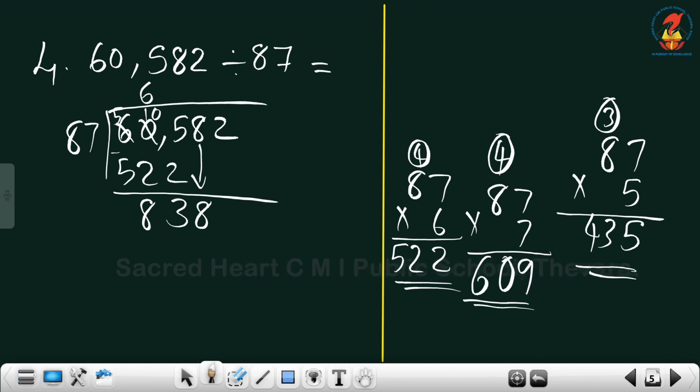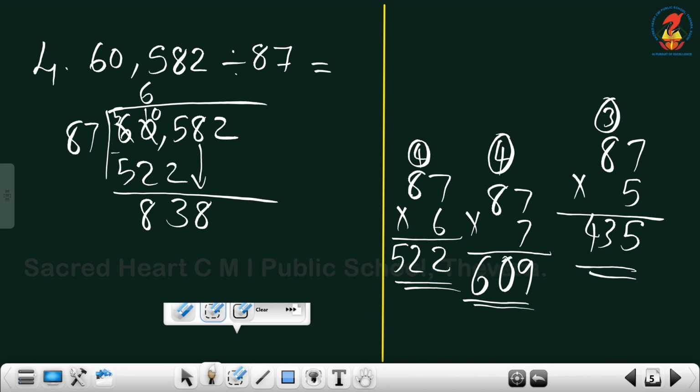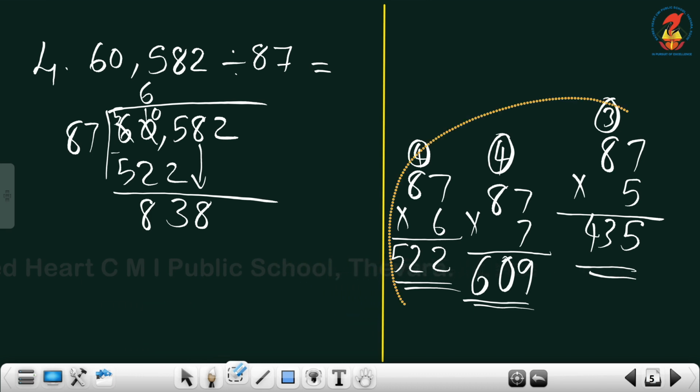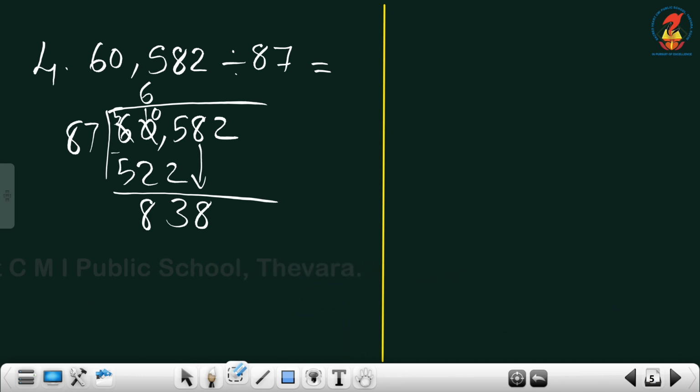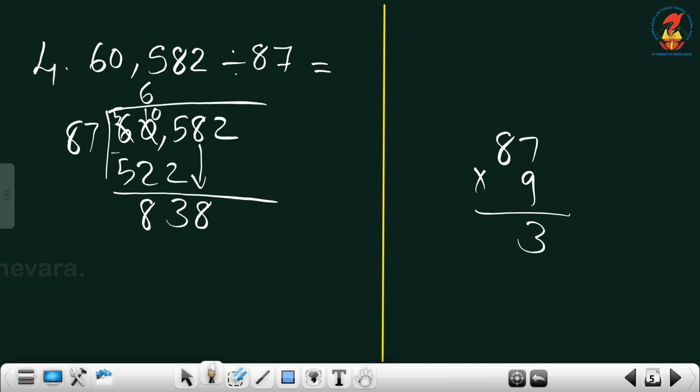So I can check it with 9. 87 into 9 I will check. 9 7s are 63, 6. 9 8s are 72. 72 plus 6 is 78. Okay, and 783 I got.